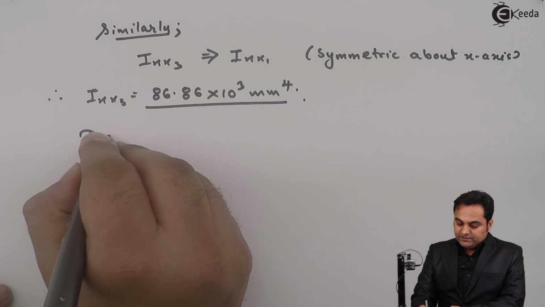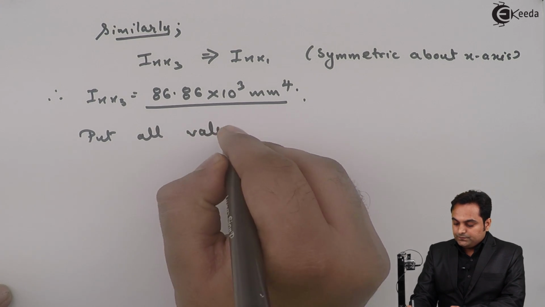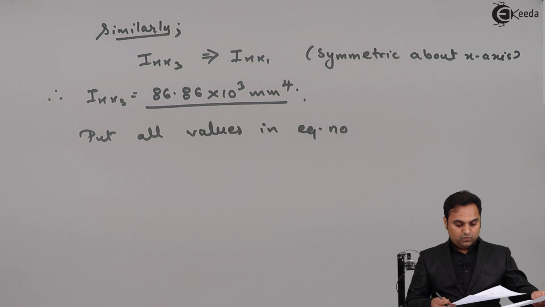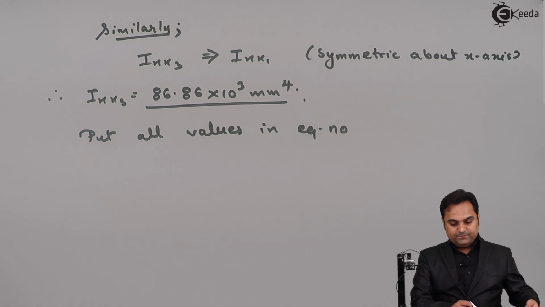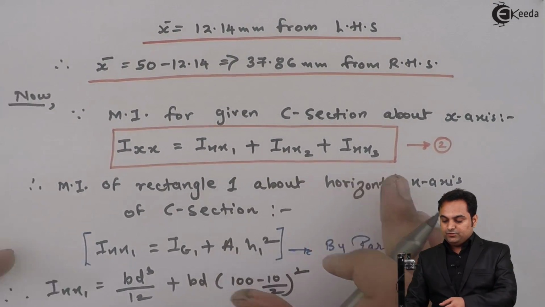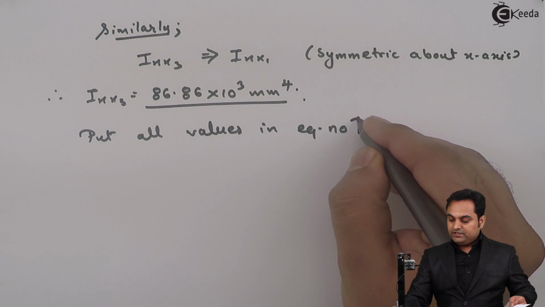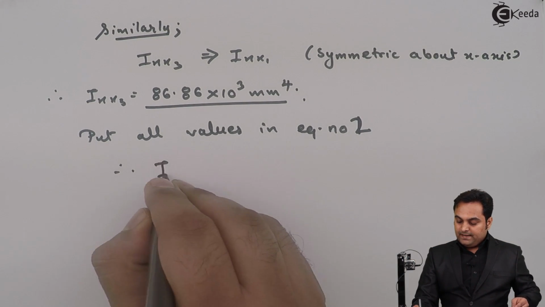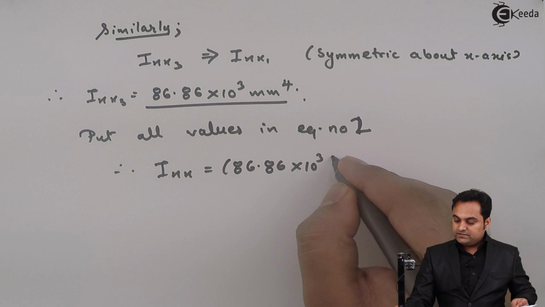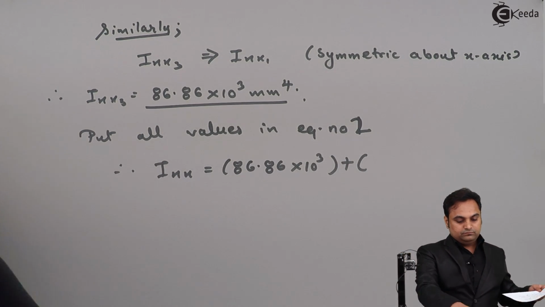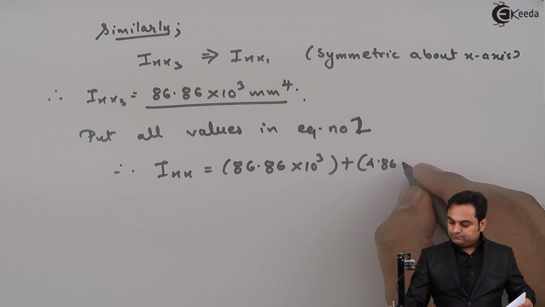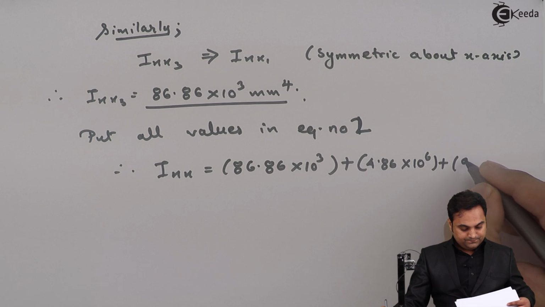After getting all the values, we put all values in equation second, where we have written Ixx1 plus Ixx2 plus Ixx3. So in equation second, Ixx is equal to Ixx1 plus Ixx2 plus Ixx3.